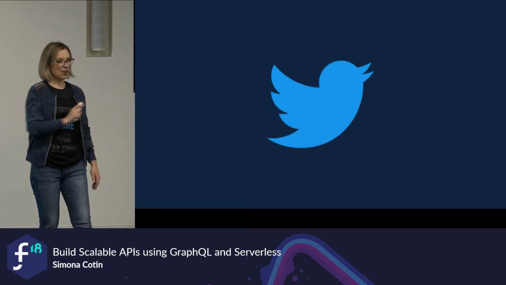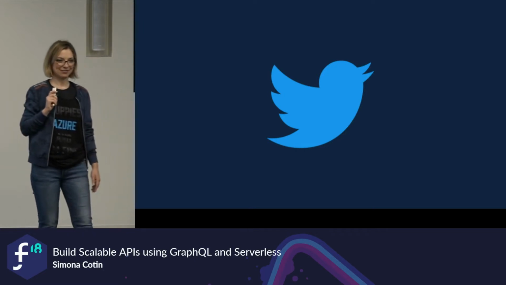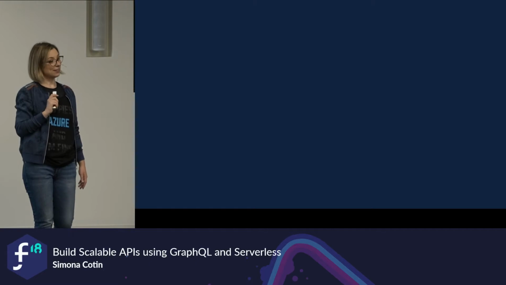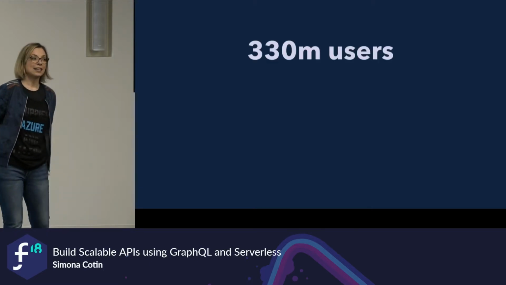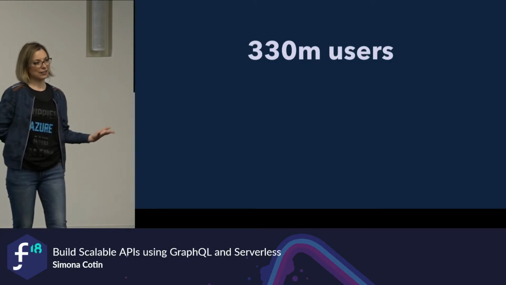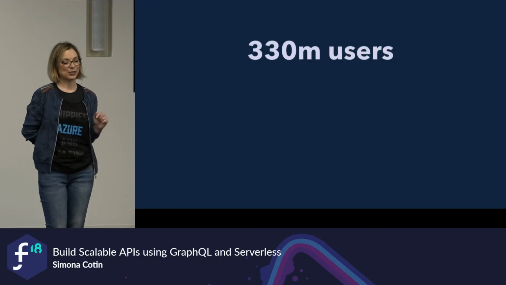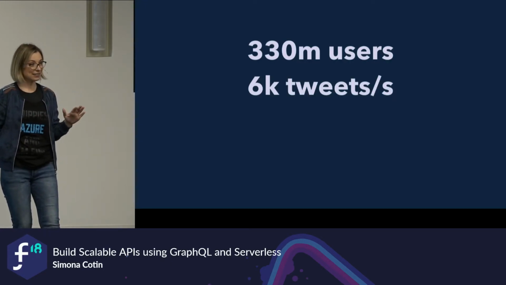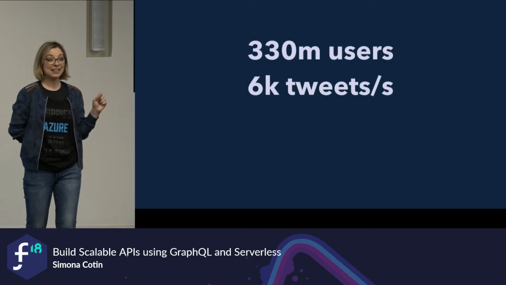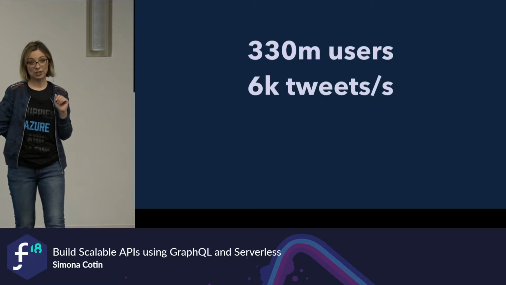Cool. So I want you all to take a second and think about Twitter, and think about Twitter in terms of scale. So Twitter, as of maybe early this year, had 330 million users. And also, us collectively, we are creating 6,000 tweets per second, some of them with the Functions 18 hashtag.